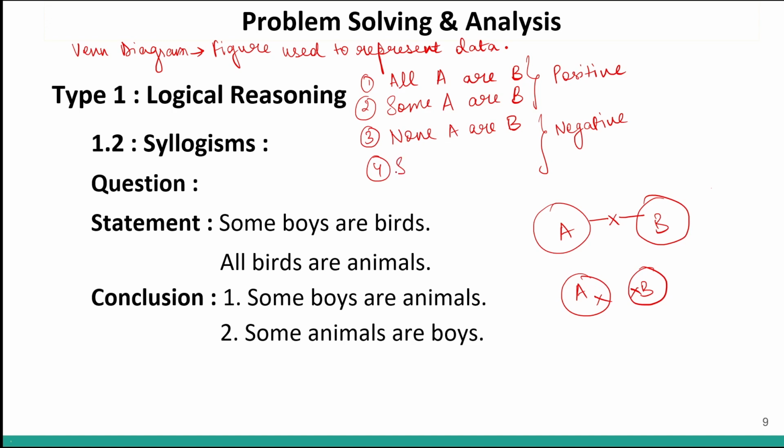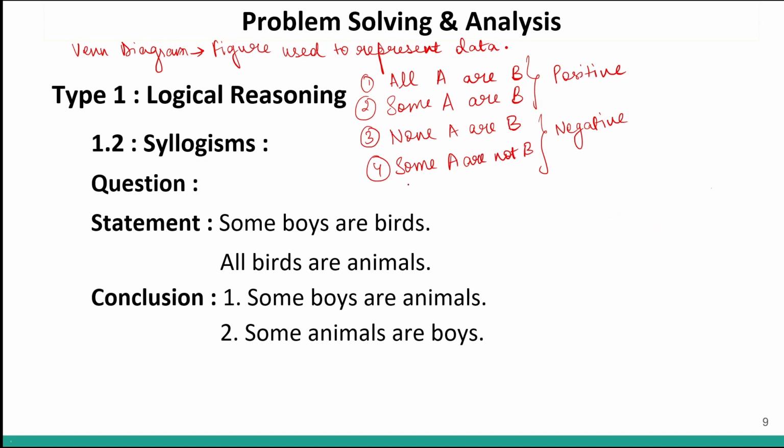Then we can say that some A are not B. So what will be the representation of some A are not B? If I say that some A are not B, that means A and B are like this, but there will be a certain part in A, this part, that is not B. Okay, so this is a negative relationship.